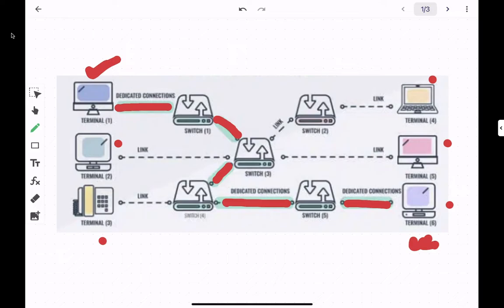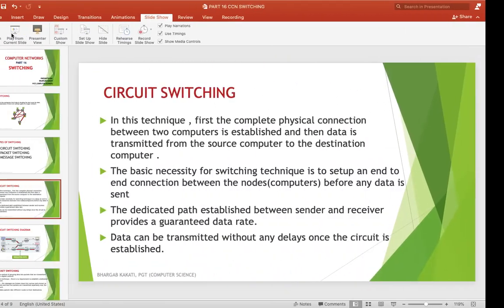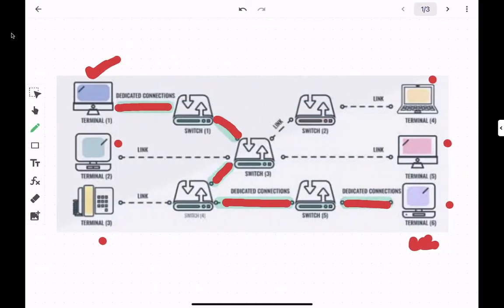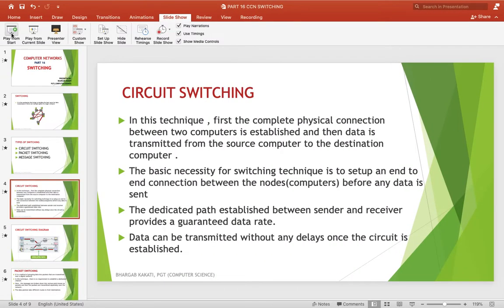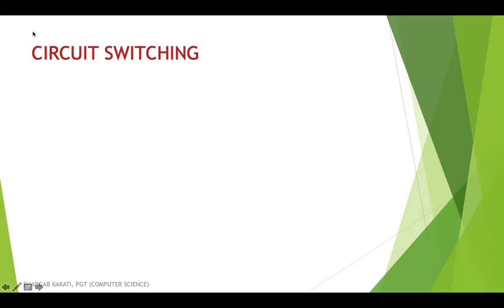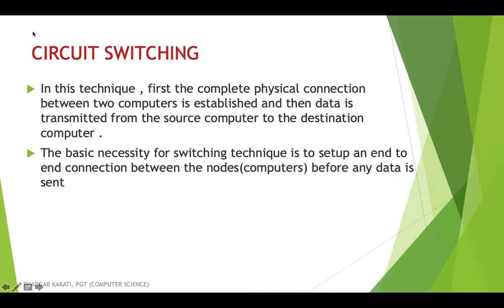For the entire duration during which the data transmission takes place, no other transmission can happen via that particular route. So the main point is the entire path is reserved, as you can see here. The basic necessity for this switching technique is to set up an end-to-end connection between the nodes before any data is sent.